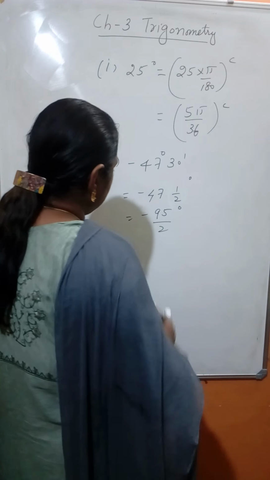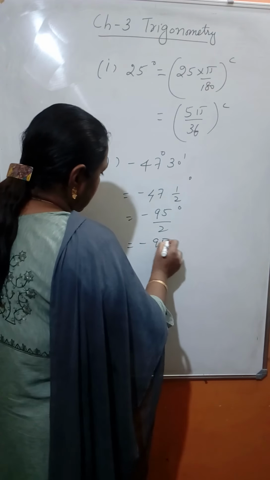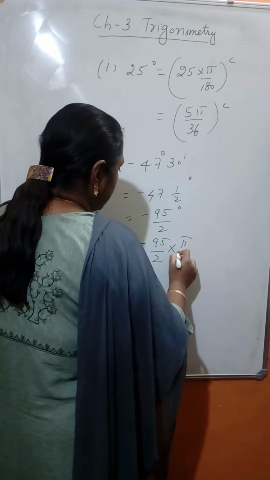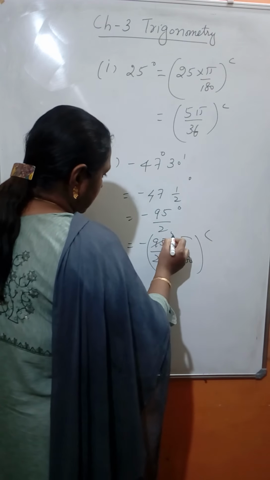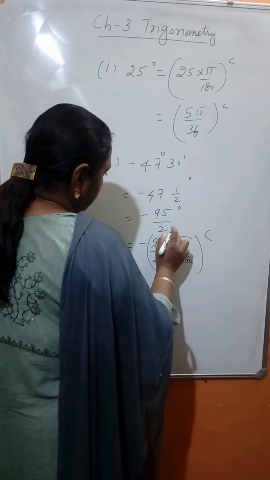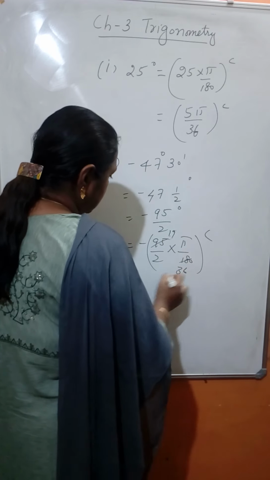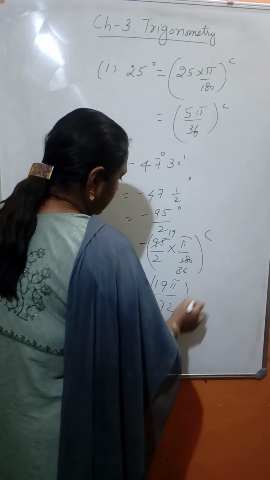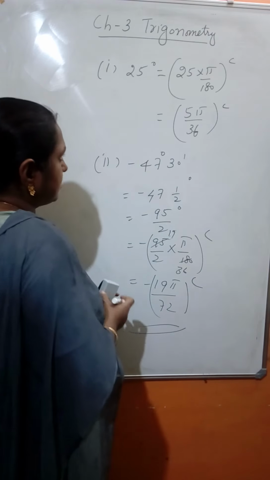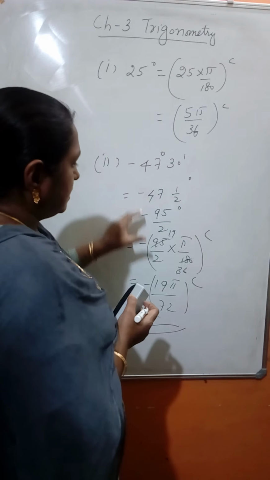Now convert it into radians, which is minus 95 by 2 into pi by 180 radians, which is, we can cancel by 5, so it is 19, this is 36, so this is minus 19 pi by 72 radians. Okay, so this is the method for converting degrees to radians.